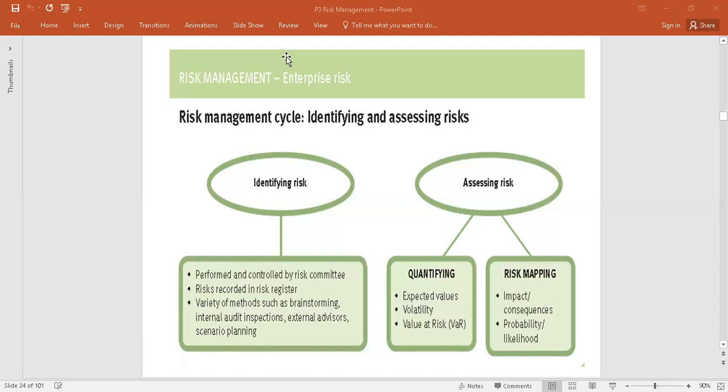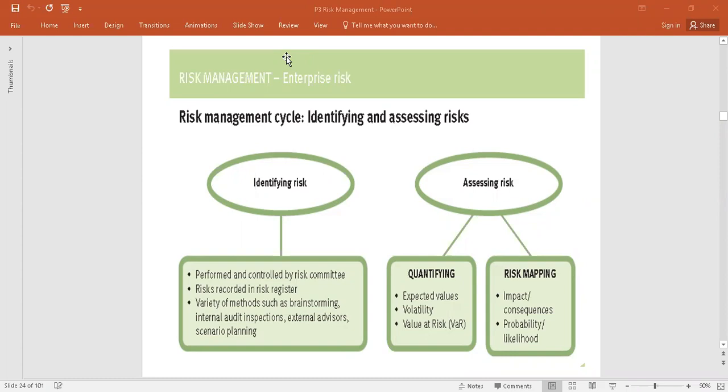Of late, we also see that there are certain software available which provide this database of possible risky events subject to a particular industry in general, or specific industry, specific business. But otherwise, generally, there is a risk register.